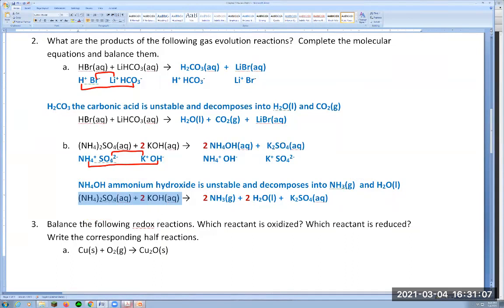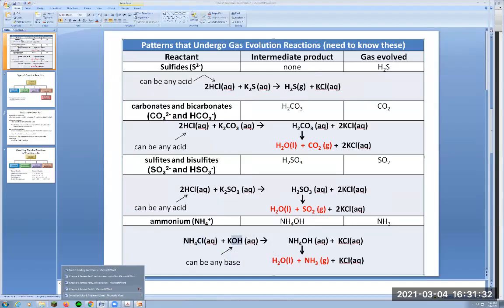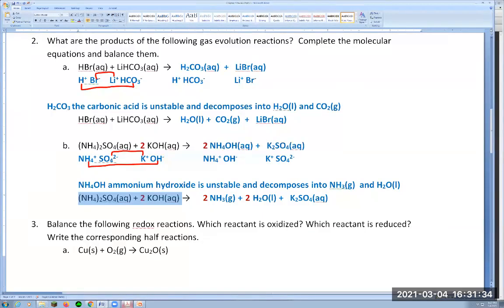So we can see that it's in this table again, and that's the last example there. When you have the ammonium ion in a salt, like NH4Cl, and you have a base added to it, so KOH here, in our example it was KOH as well.